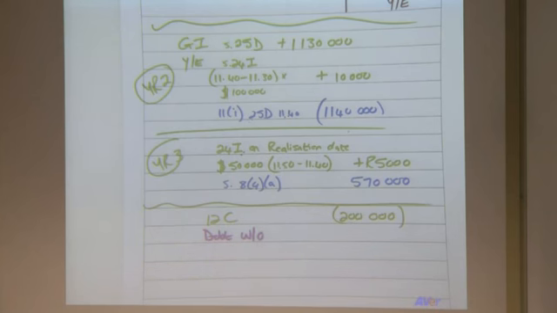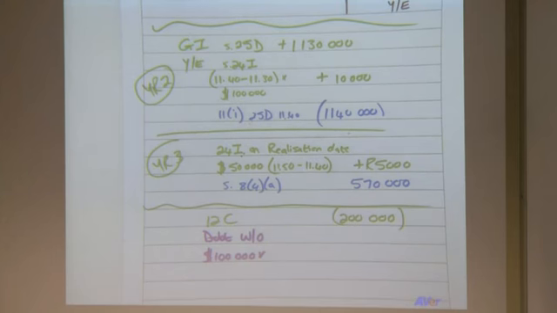It will be the $100,000 multiplied by the 12 rand. Okay? So the debt written off is 1.2 million.